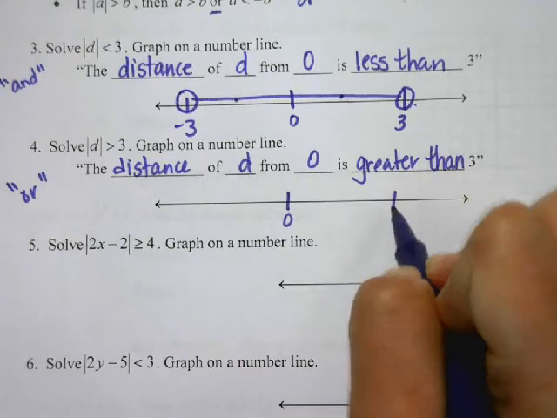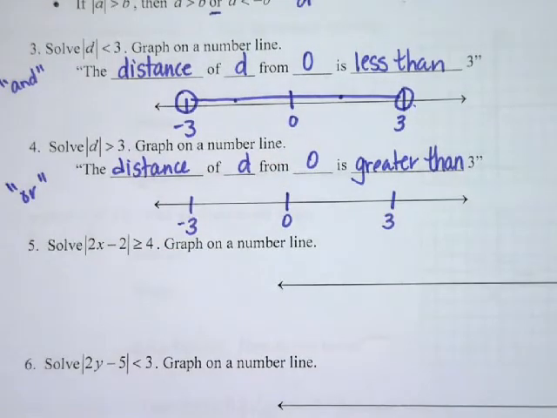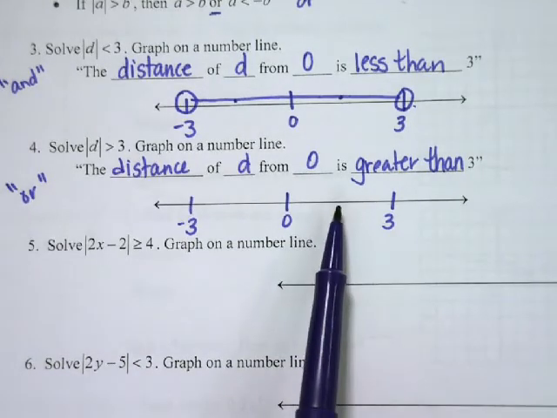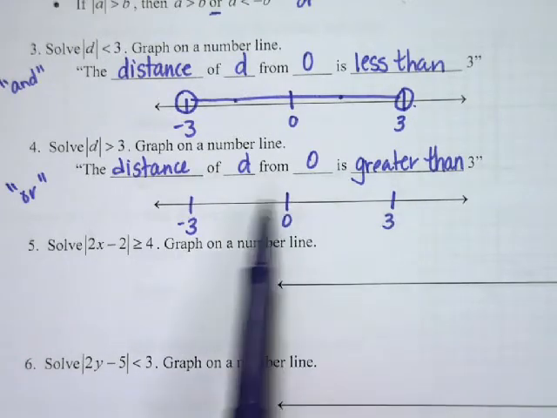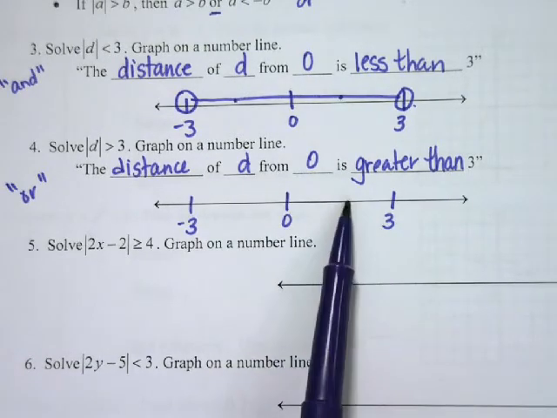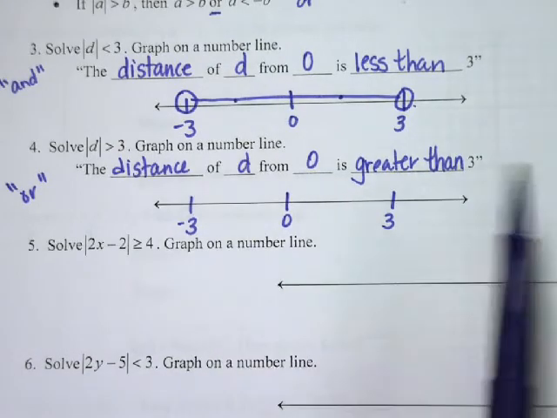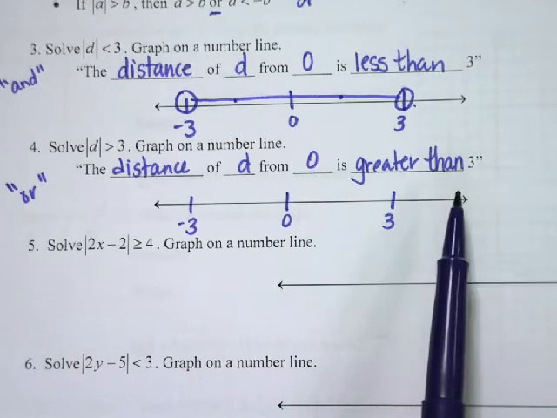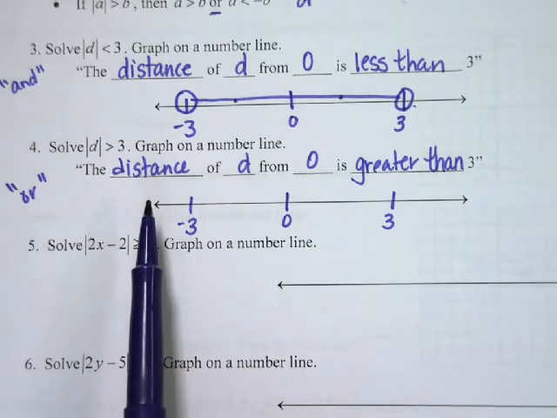Alright, there's 0, there's 3, there's negative 3. We just discovered on the last one that anything in here is a distance smaller than 3. So that's not bigger than 3. That's not a distance bigger than 3. But out here, this is a distance bigger than 3. And out here, that is a distance bigger than 3.